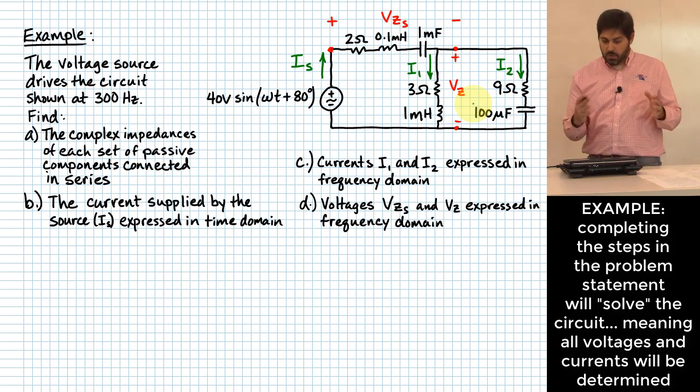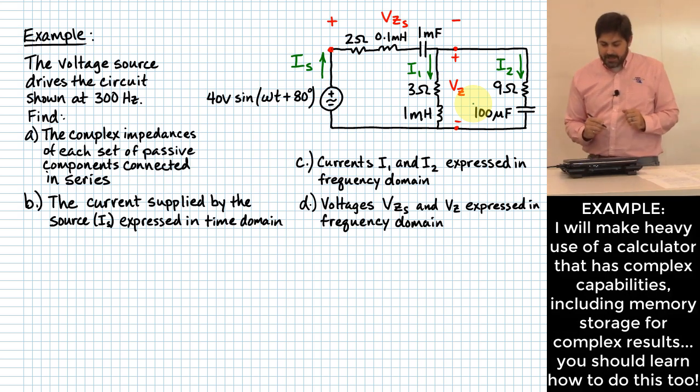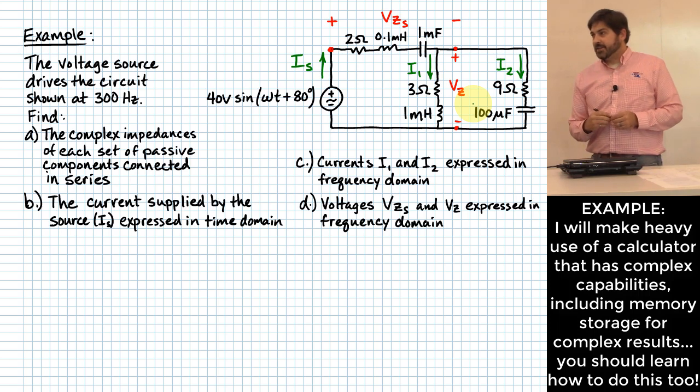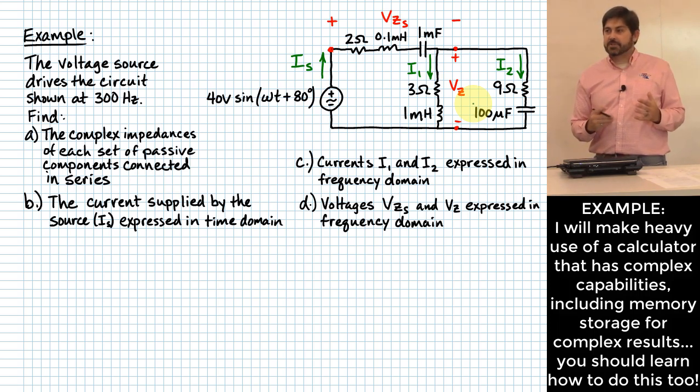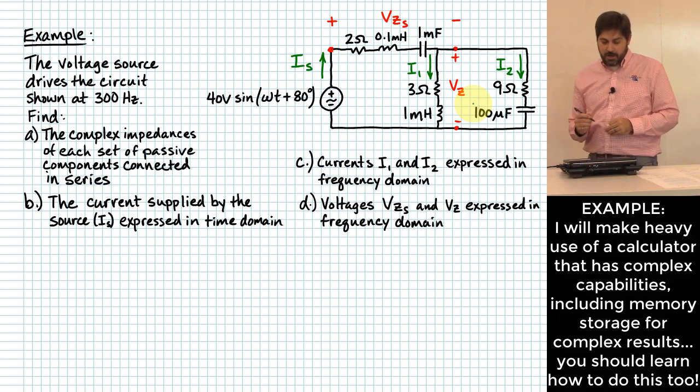Okay, so that's kind of what we're heading after with this problem. Okay, so toward that end, let me kind of reiterate, you're really going to want to probably have your calculator out and ready to go on this problem, because we are going to heavily use the calculator's functionality to solve this problem.